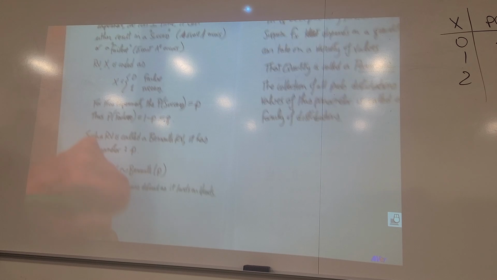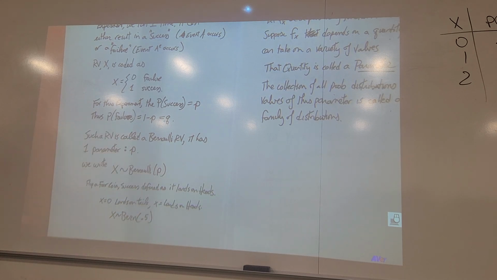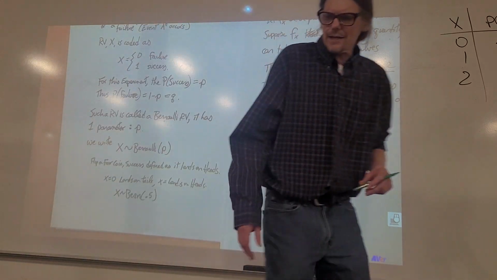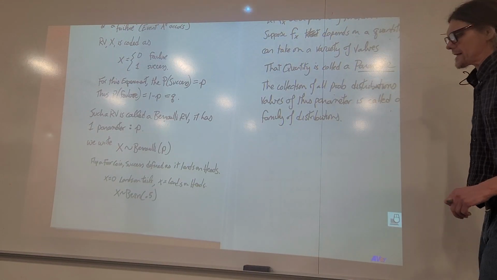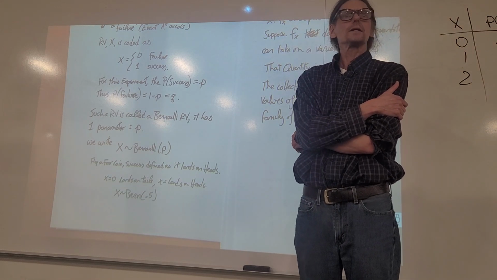This X is a Bernoulli with parameter 0.5, right? And similarly, we roll a 6-sided dice, let a success be it lands on 6. Well, then X is a Bernoulli with parameter 1/6, right? Does that make sense?